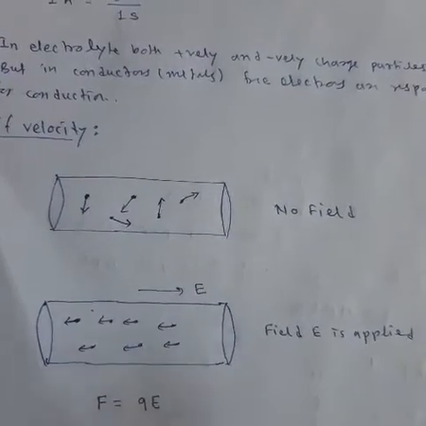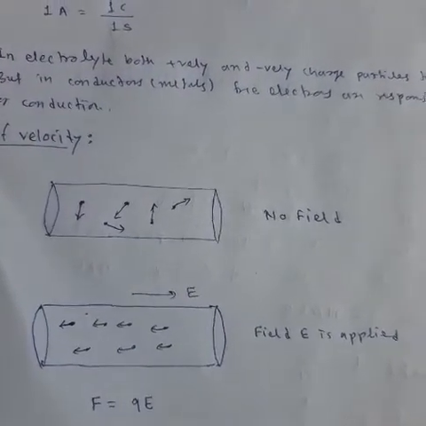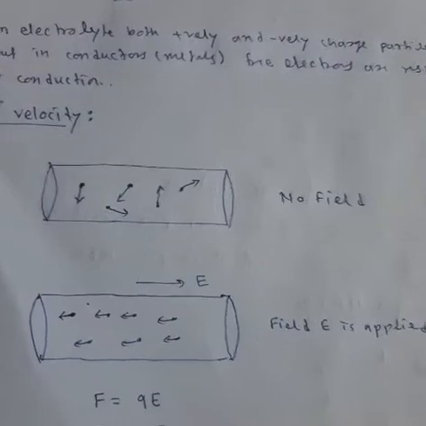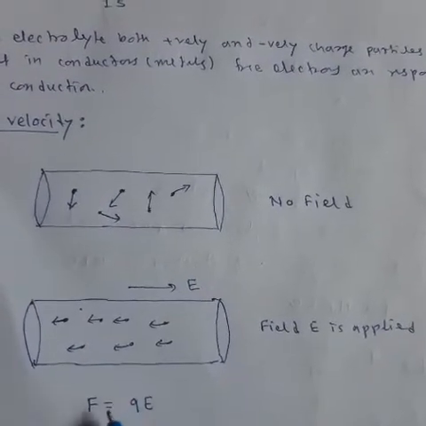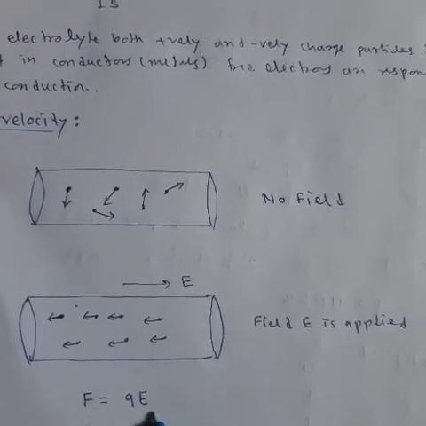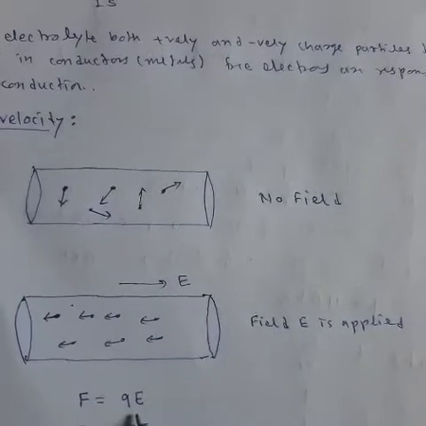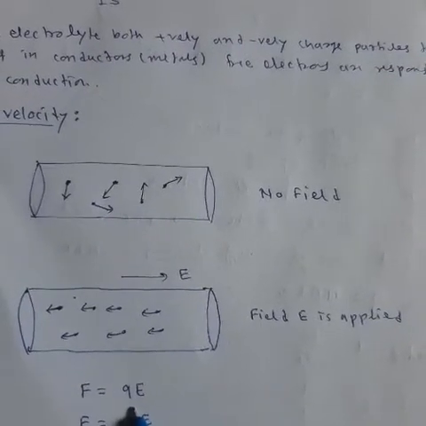We know that force acting on any charged particle placed in an electric field is given by the formula F is equal to Q into E, where E is the electric field and Q is the magnitude of charge.